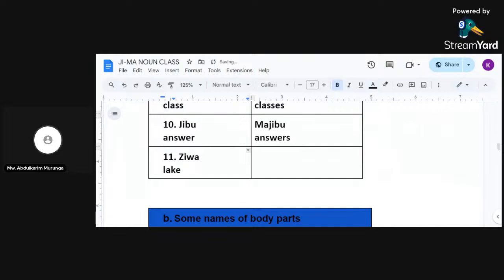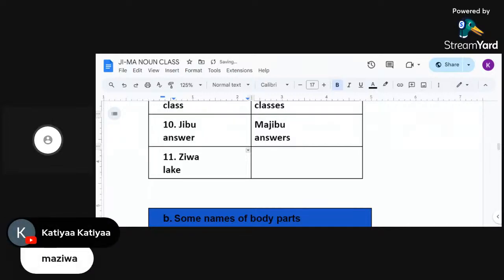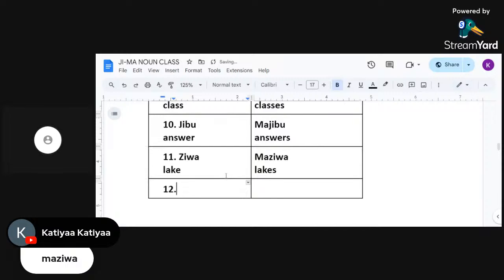How do we say this in Swahili? Maziwa. Asante sana Katia. Maziwa means lakes.